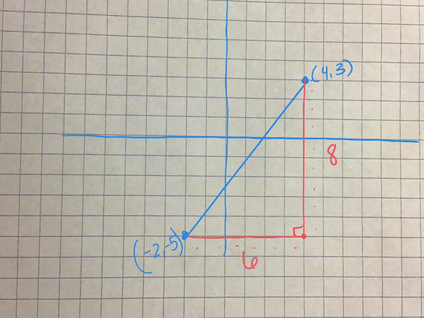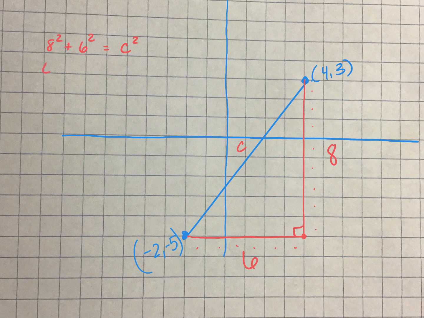Okay, so when I have two sides of a right triangle, and I need the third side that happens to be the hypotenuse, the biggest side, I'm going to name this C, I can use the Pythagorean theorem to find that third side. So the two sides that I have are legs, so 8 squared plus 6 squared, and it doesn't matter what order you put those guys in, but the C has to be alone. The hypotenuse has to be alone.